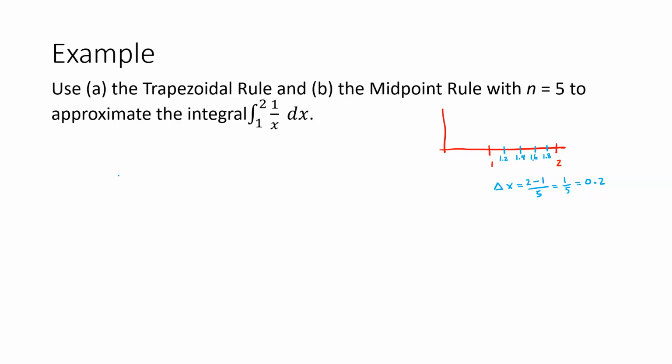Okay, so let's start with the trapezoidal rule. So here we're going to do T5. So let's write out what the rule was.